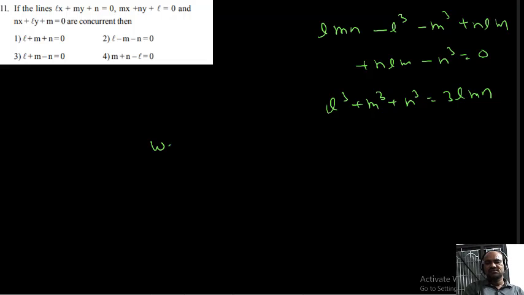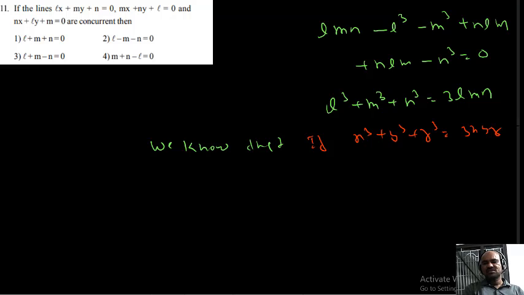We know that if x cube plus y cube plus z cube equal to 3xyz, then either x plus y plus z equal to 0 or x equal to y equal to z.